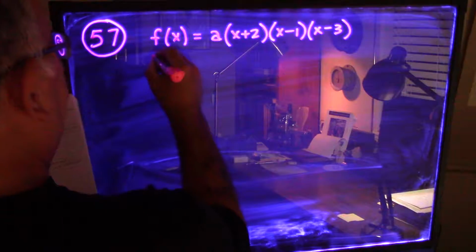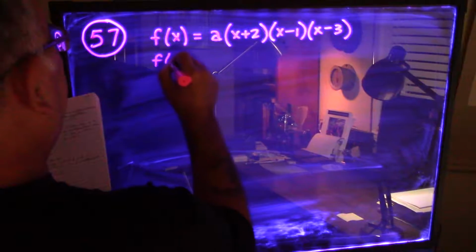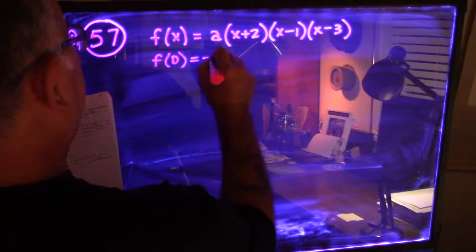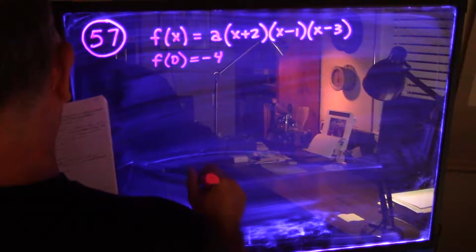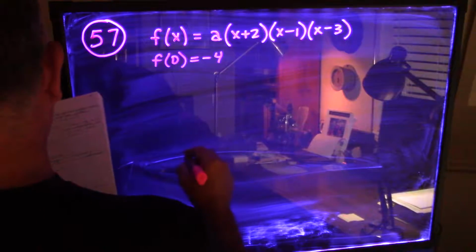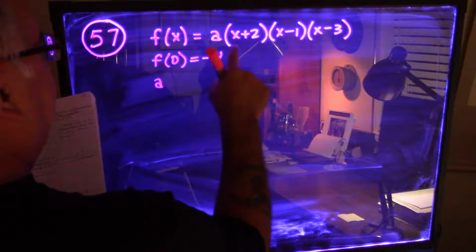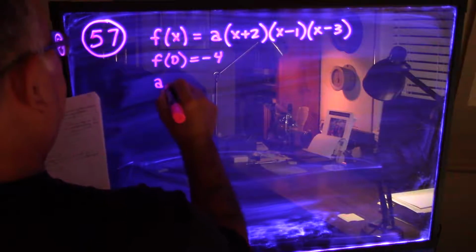And we also have the y-intercept is f of 0 equal to negative 4. So set x equal to 0 in each of these. So we've got a. In other words, I'm doing f of 0 on this next line.